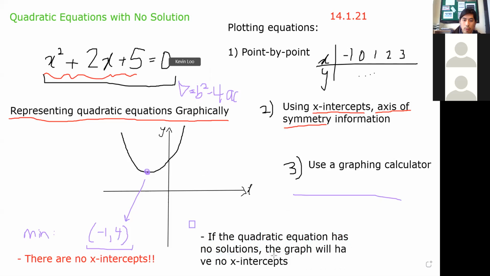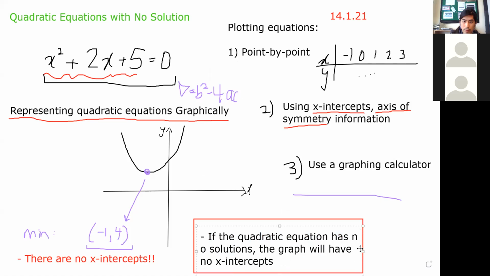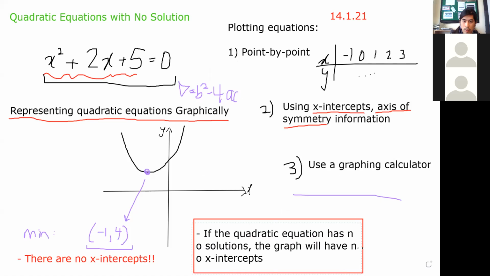If the quadratic equation has no solutions, using the technique we learned yesterday rather, the graph will have no x-intercepts. Let me try and format this a bit better. All right, I can't, but you can read that.